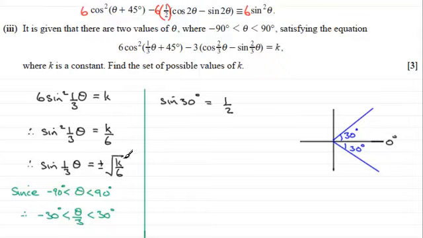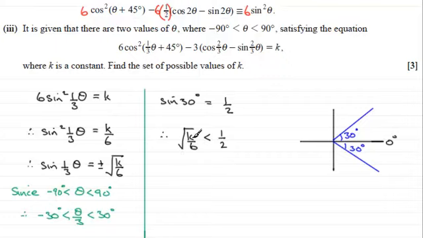So therefore, just taking the positive value here, because it's going to be symmetrical, I can see that therefore the root of k over 6 must be less than a half. If I took the sine of any angle less than 30 degrees, it's going to be less than a half.